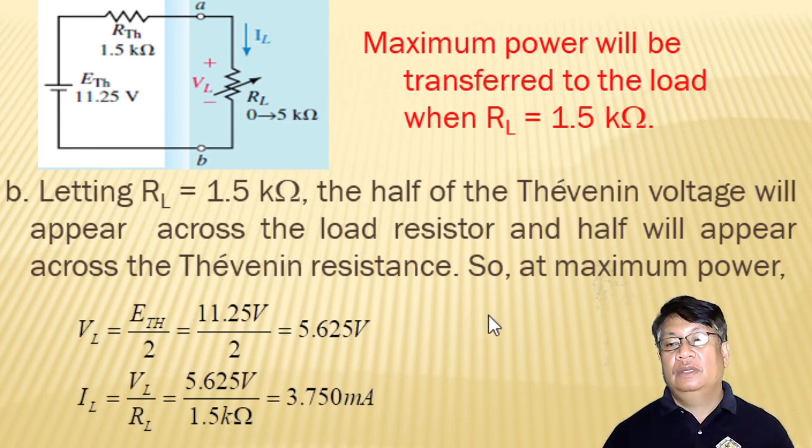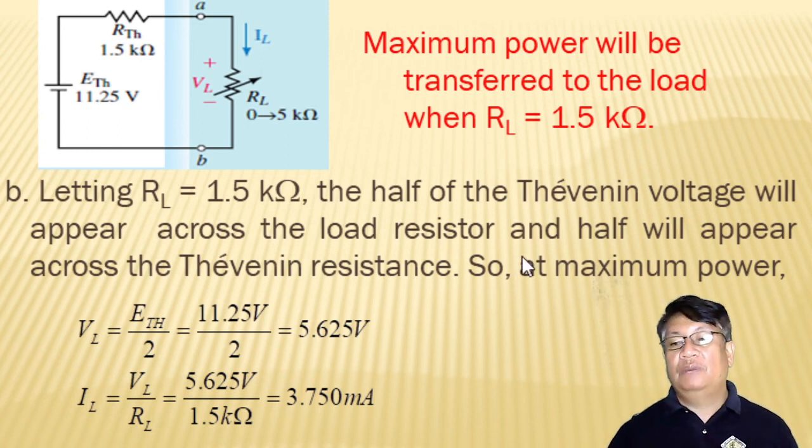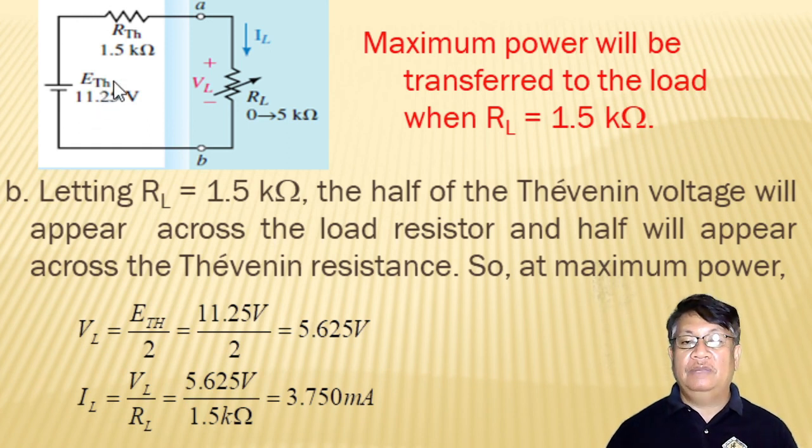So with that, 1.5 kilo ohms as the load resistance, to have the maximum power transfer, the voltage drop here will be half of the Thevenin voltage source, because they have the same value of 1.5 kilo ohms for R sub L. Therefore, the voltage drop across R sub L is just half of this derived Thevenin voltage.